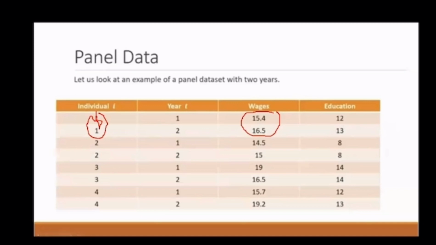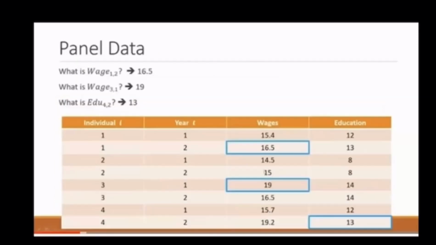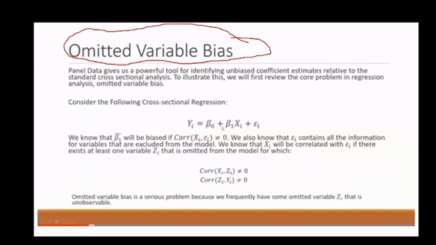The wages in year 2 will depend on year 1. Okay, that's a violation. And the violation is just going to tell you there's a relationship between what is observed and what is not observed. We don't expect a relationship between them. So I'm going to say that again: there's going to be a relationship between what is observed and what is not observed.